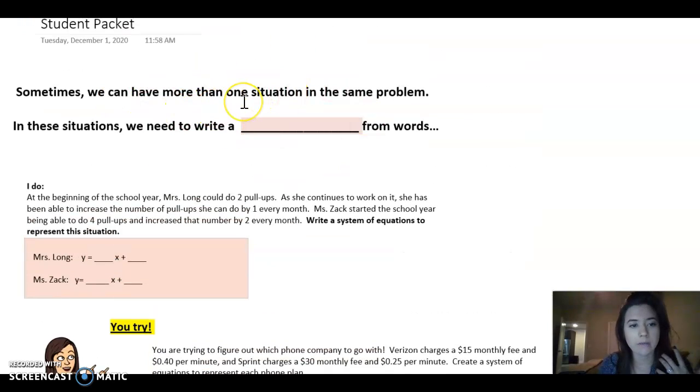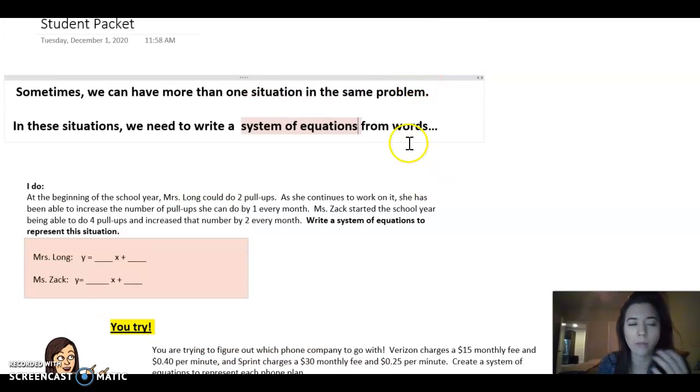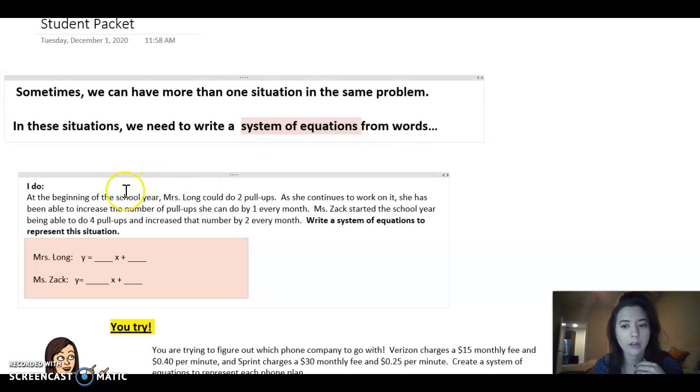Sometimes when we have more than one situation happening in a problem, this is when we need to use a system of equations and create them to help us solve the problem. So when we have more than one scenario happening at the same time. For example, in this problem, at the beginning of the school year, Mrs. Long could do 2 pull-ups.